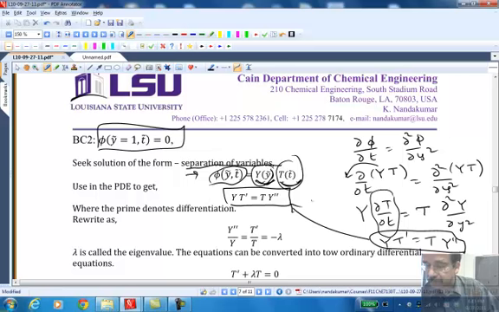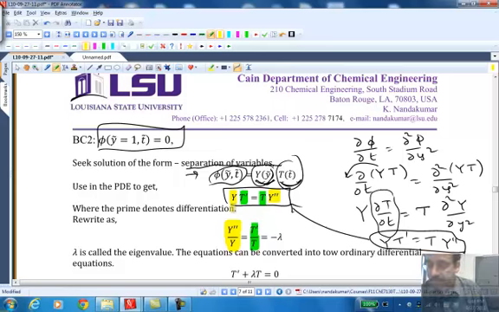So the question is, can we separate them? That's answered in the next step, because I can now separate this by dividing both sides, for example, by y and t. So on the left hand side, I will have y double prime divided by y equals t prime divided by t. Okay, so the t prime and t is combined, and y double prime and y are combined. So I'm separating them.